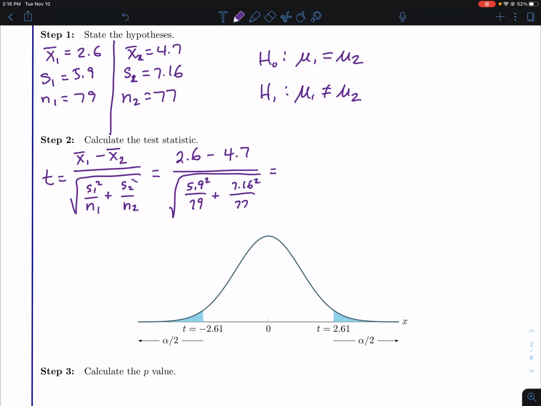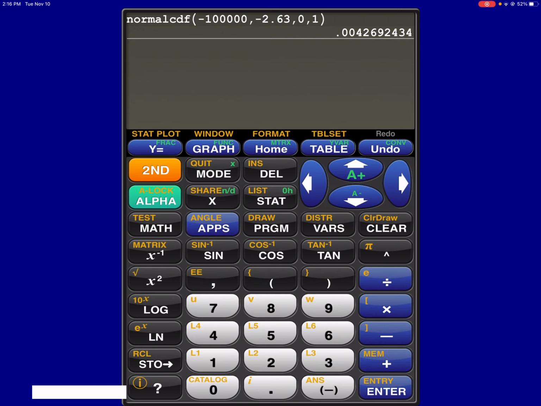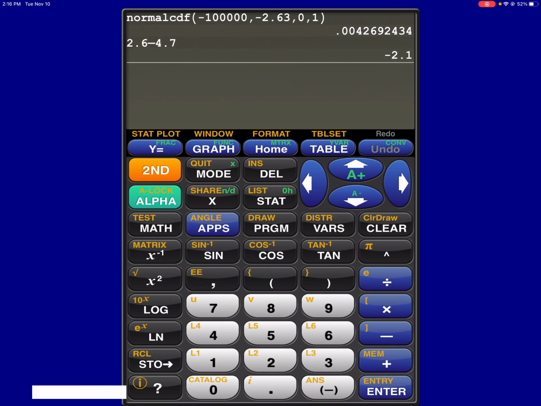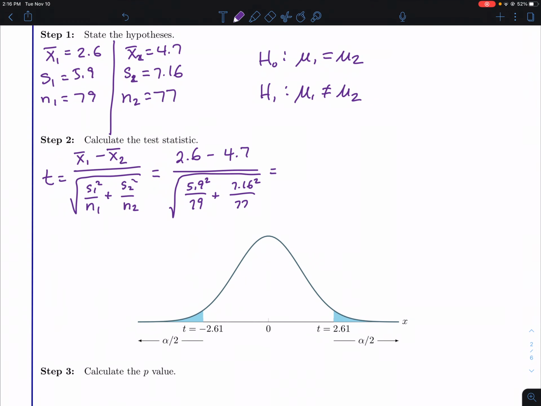All right. So again, let me type this in, make sure I don't mess it up as I go along. I'm just going to do the top first. So 2.6 minus 4.7 gives me negative 2.1 on the top. And now I need to do the bottom.